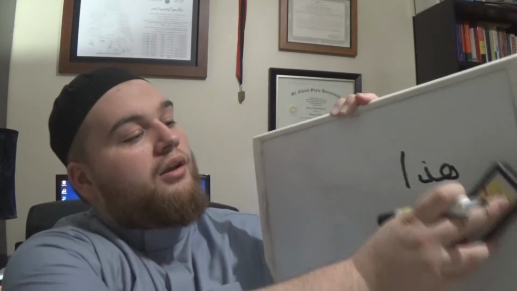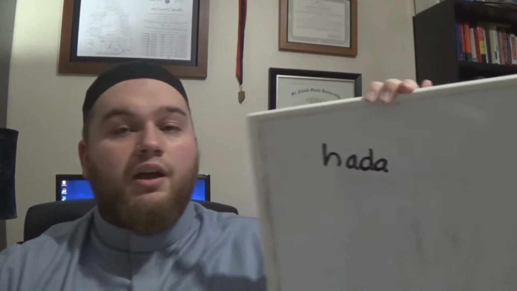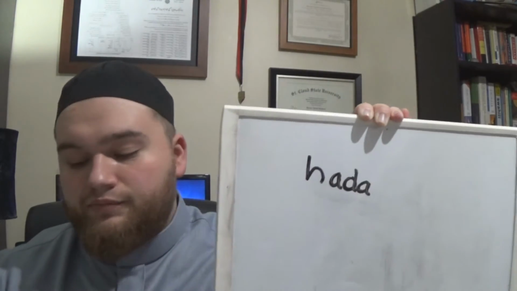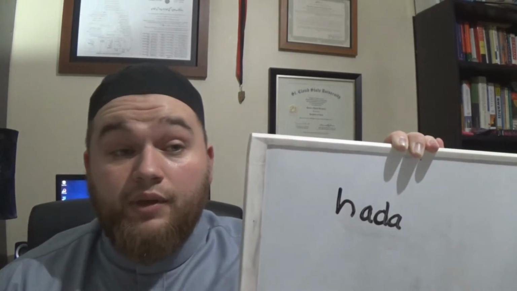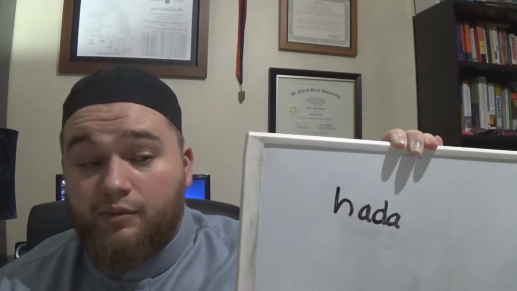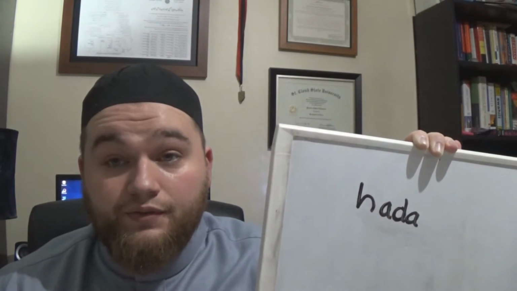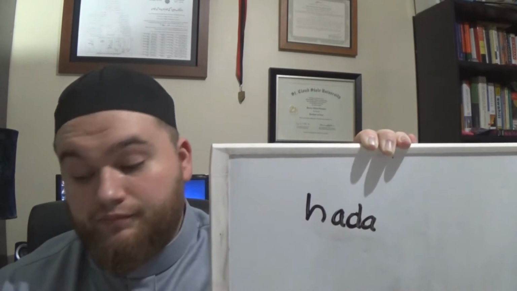And then also, you'll hear them say it like this: hada, with a D. That I hear a lot more in Saudi Arabia, but I've also heard it from some Iraqis, some Jordanians, and other people on the Arabian Peninsula.